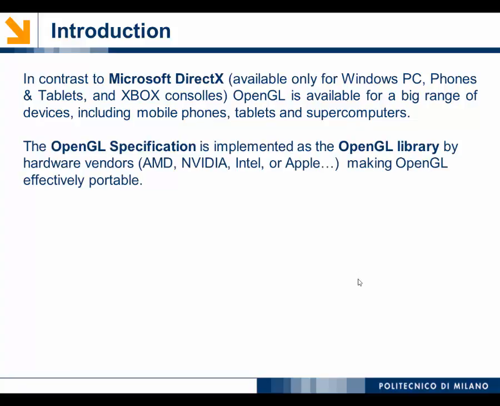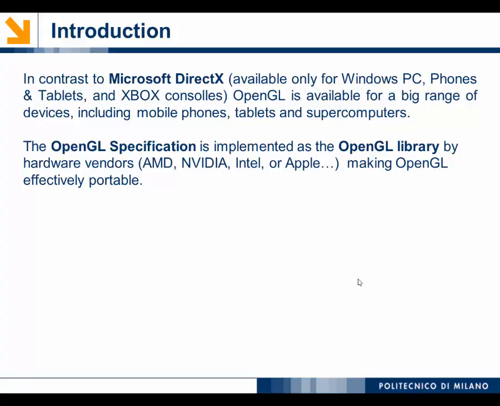There is this OpenGL specification, which is kept by the organization that keeps OpenGL under control, and which can be implemented as a library by the specific hardware vendor. If I produce an NVIDIA card, for example, I take those specifications and I implement them on my card in order to allow any user to use the same functions, the same commands, and obtain the same effect on my hardware exactly as it would have been on other hardware.